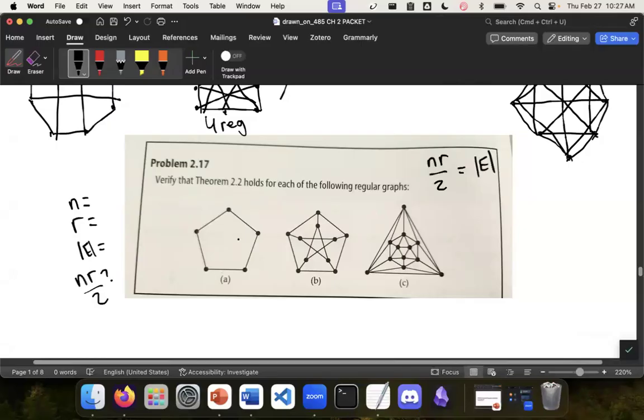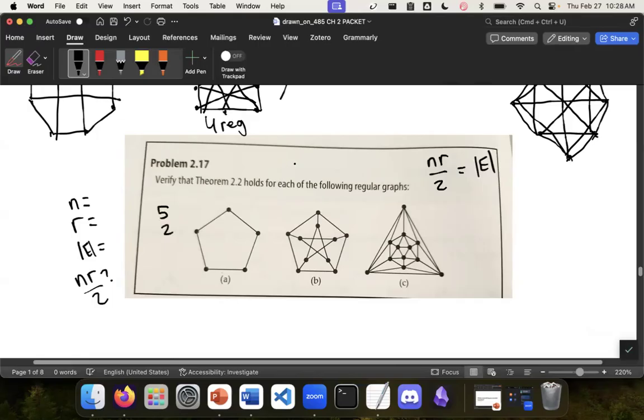So let's look at the first one. How many vertices do we have? 5. So n is 5. What's R? What degree does each vertex have? 2, right? Each vertex has degree 2.